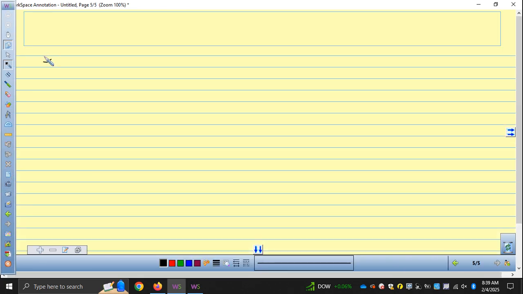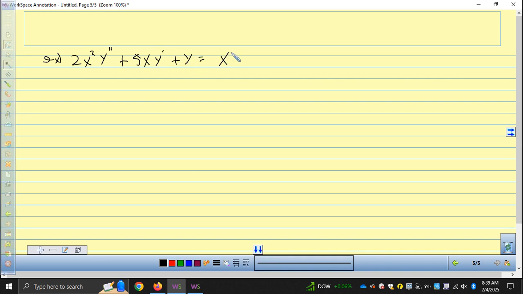All right, so let's look at an example here. 2x squared y double prime plus 5x y prime plus y equals x squared minus x. Non-homogeneous, second order, linear differential equation. These are all functions of x.